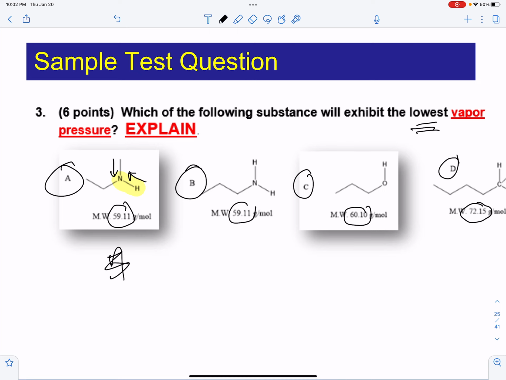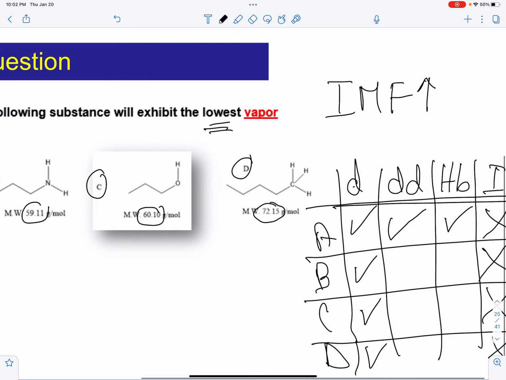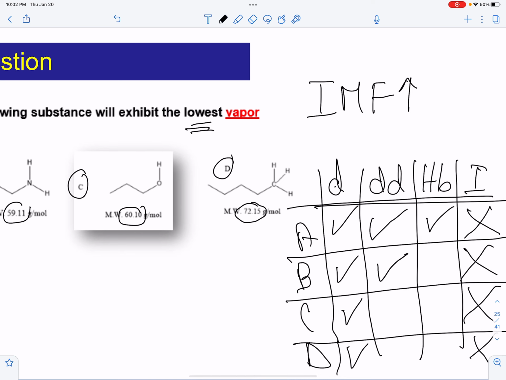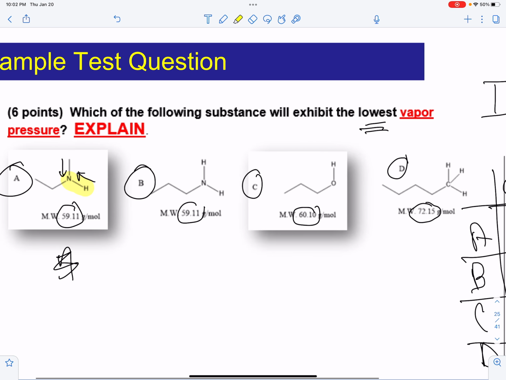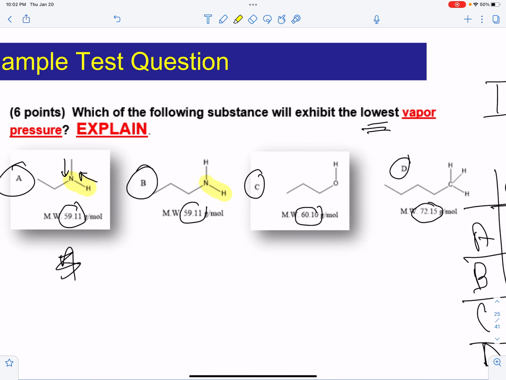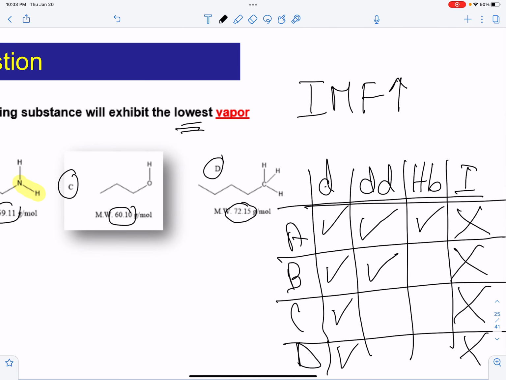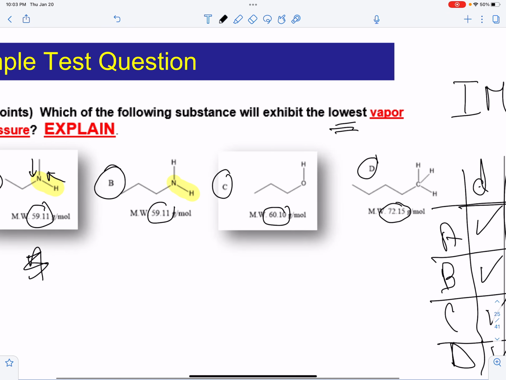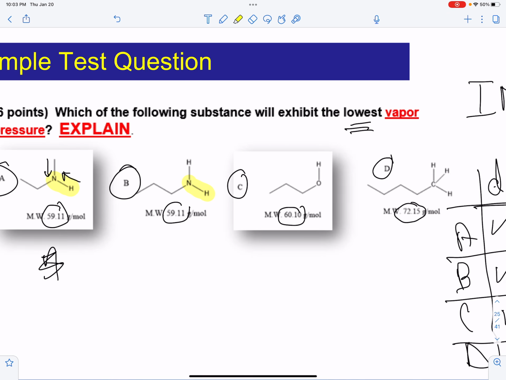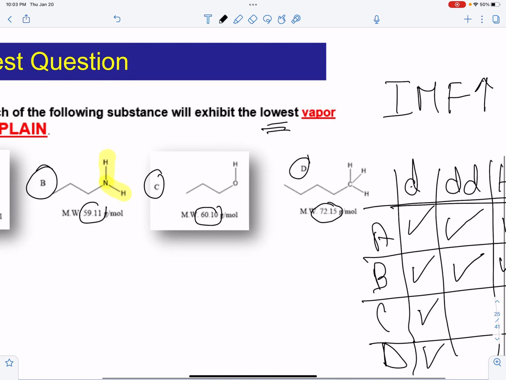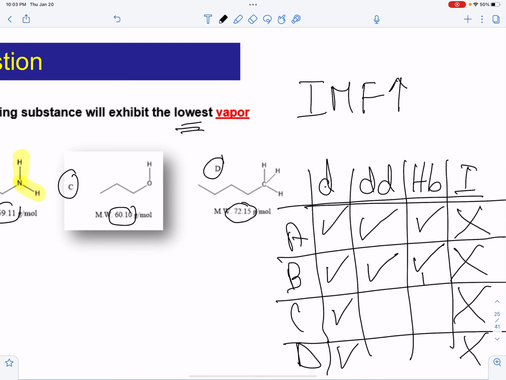The second one is also polar, so therefore dipole-dipole. Also hydrogen bonding. But notice that there's two places where you can do hydrogen bonding. So I'm going to say that I have double the hydrogen bonding.